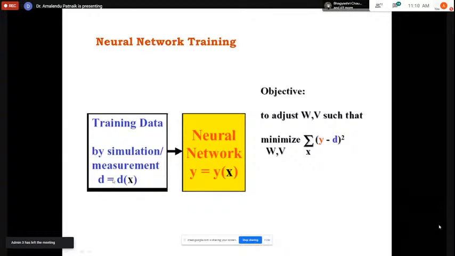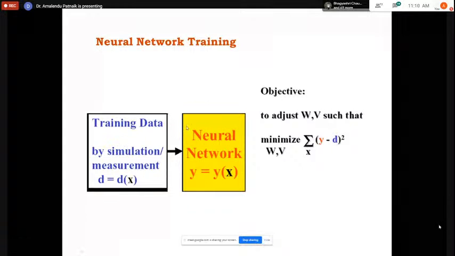Then use that data to train a neural network. The variable here is X, and you are getting Y from the neural network. In this particular case, the variable is X, and you are getting the desired data value D, right?